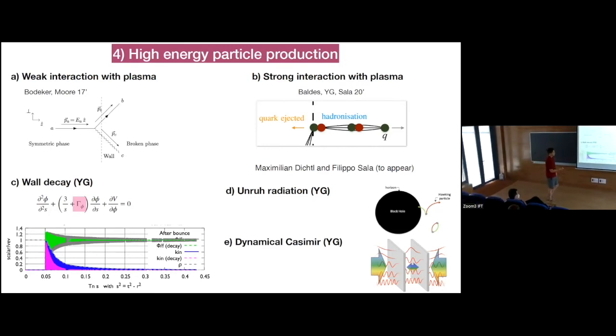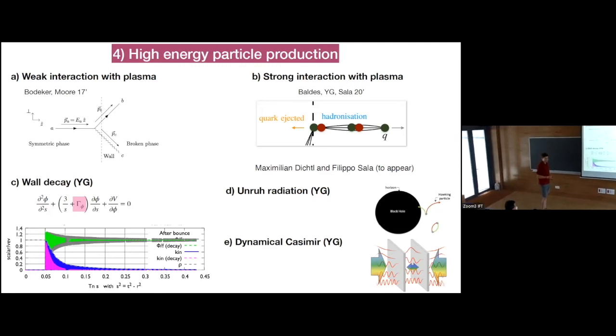Another application is, what if you have only one bubble that nucleates? So generally we say, oh, only one bubble, the phase transition does not complete, so this universe cannot contain observers. You get stuck in the first vacuum. Yeah, but what if in this single bubble you have particle production that is able to reheat that single bubble? Then it could be filled with something.